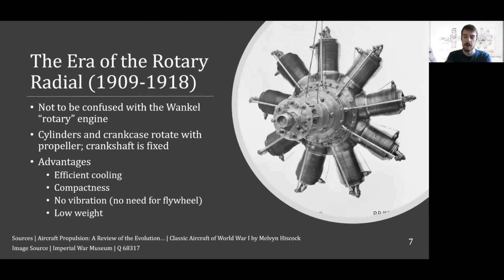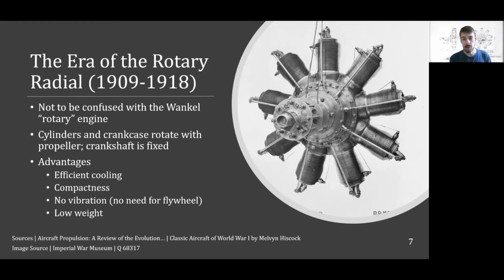However, they have a very interesting operational method where the cylinders and the crankcase, so just the main body of the engine, actually rotate, while the crankshaft, which is what usually rotates in an engine, is fixed to the airframe. Now, this may seem odd, but it actually had several advantages.